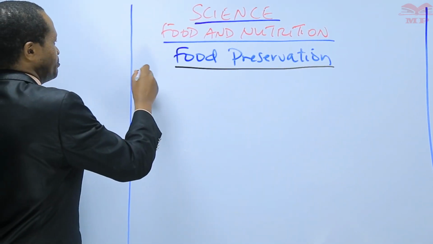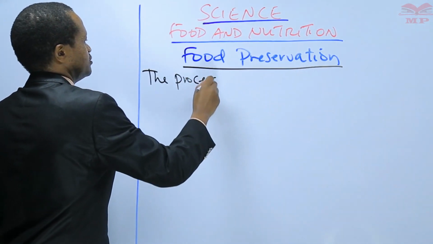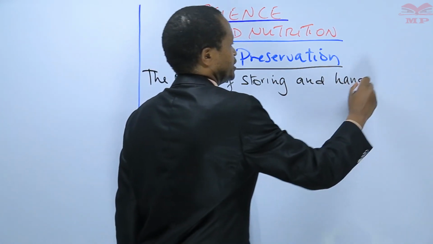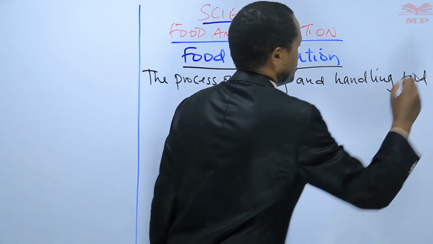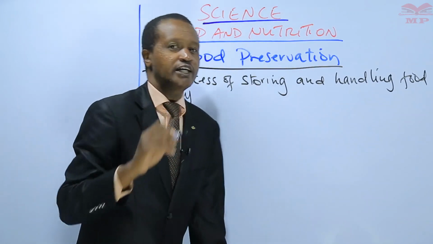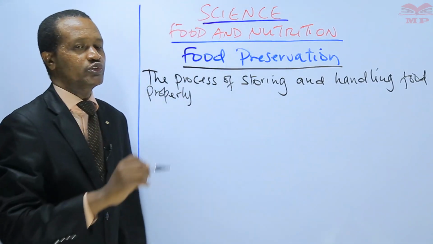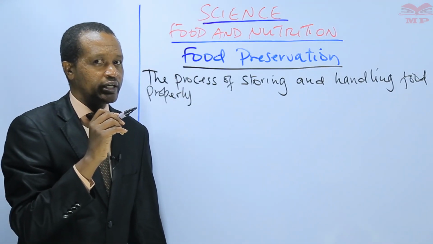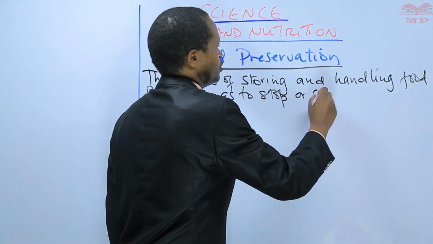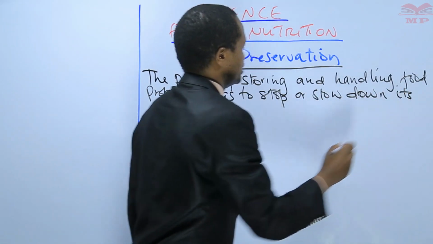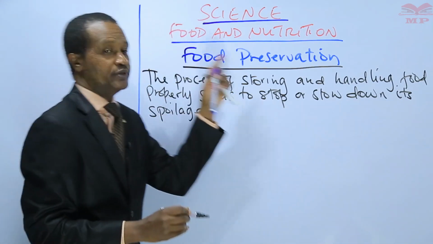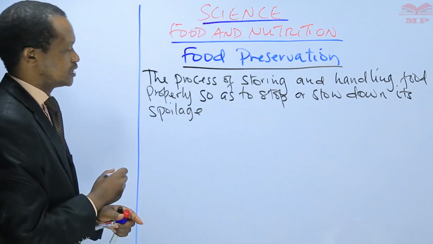So I want you to write down: the process of storing and handling food properly so as to stop or slow down its spoilage is what we call food preservation.